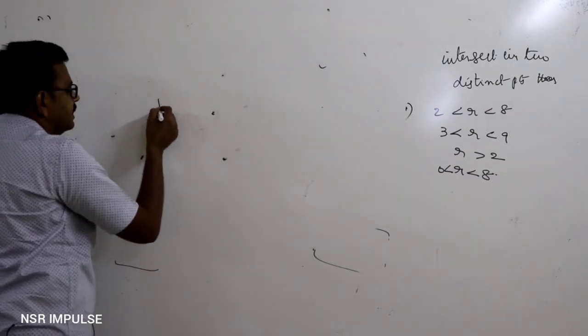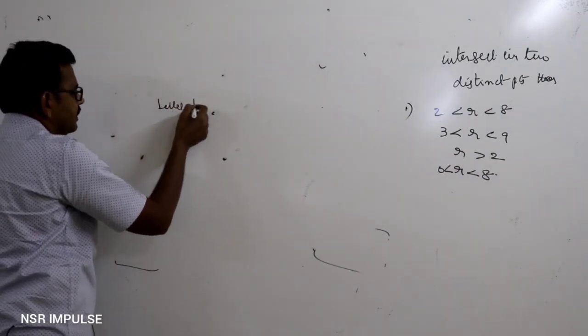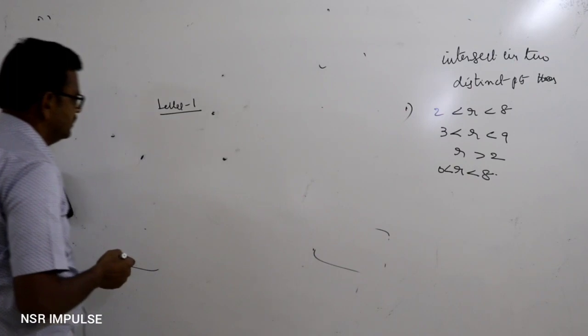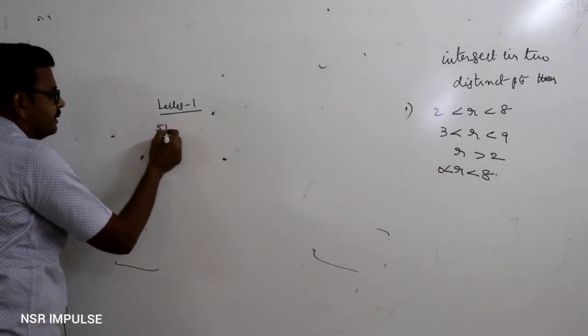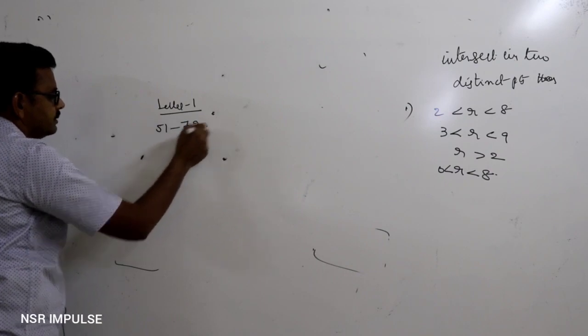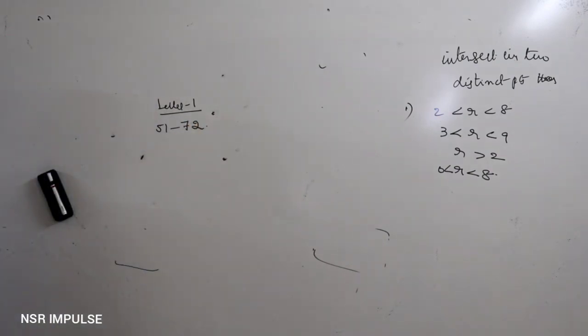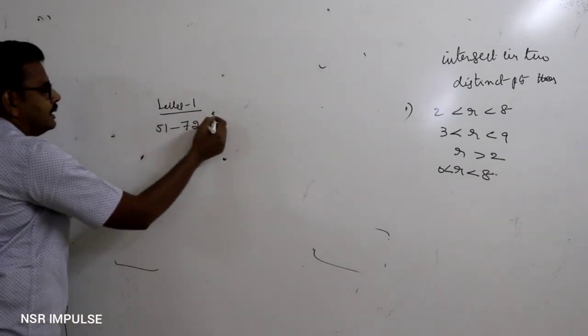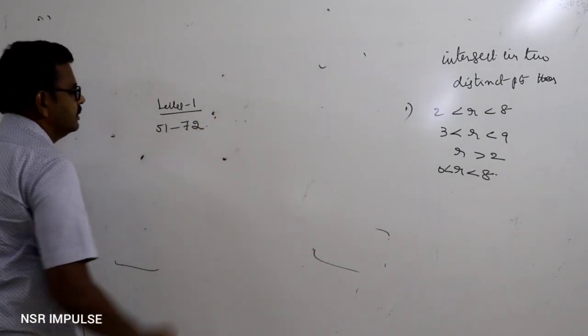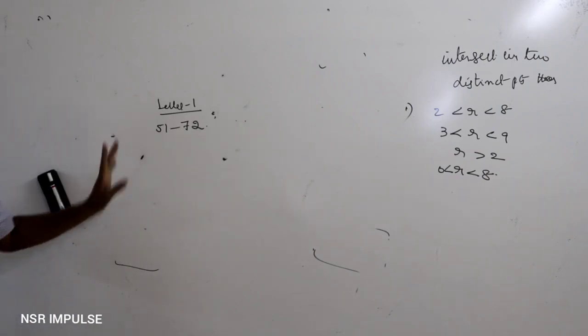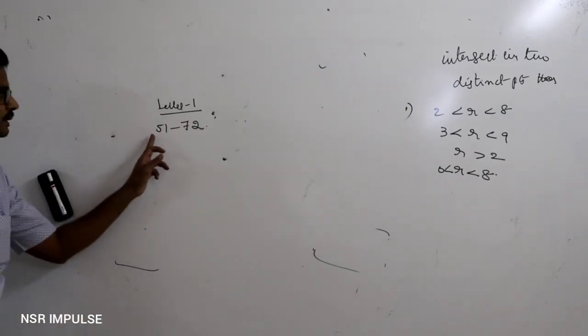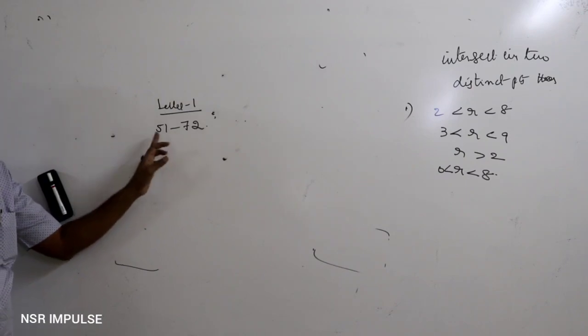So in our material level 1, we have to do problems 51 to 72. In the level 1, classwork and homework, we discuss each and every concept, and I also discuss some problems in this one.